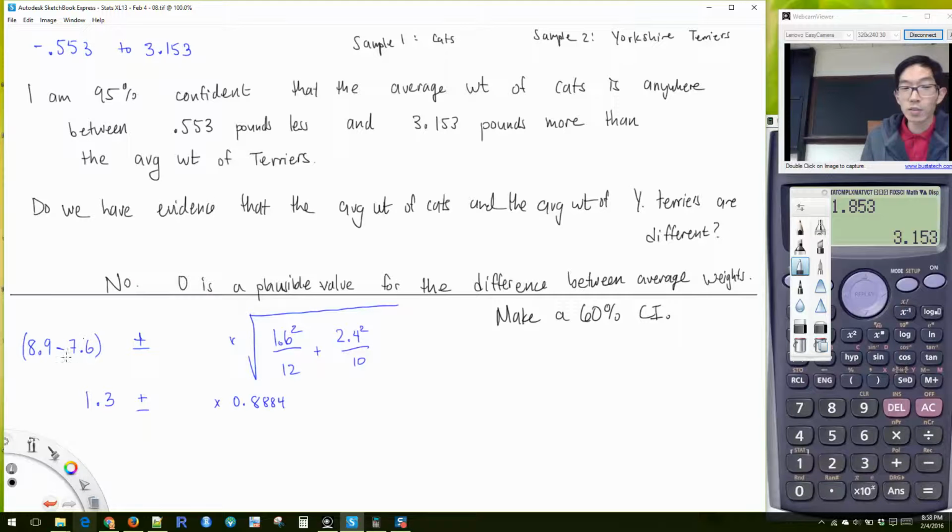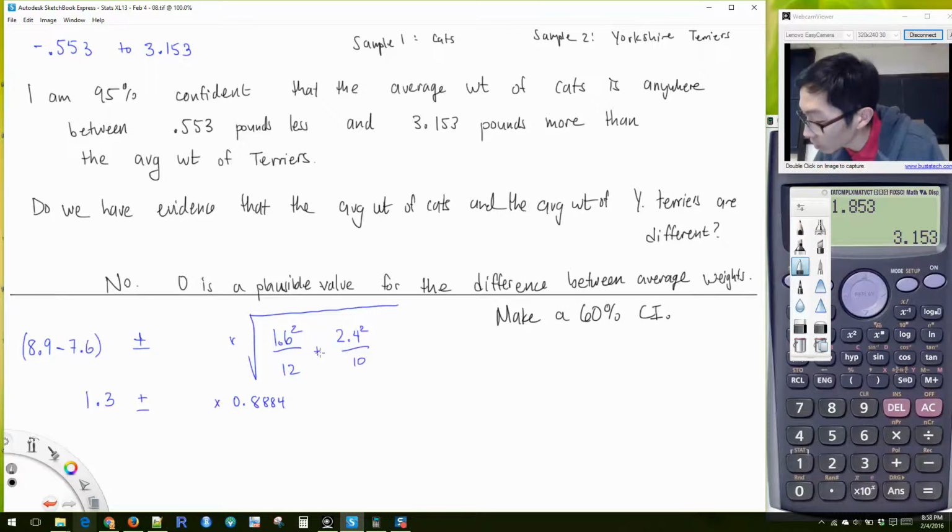This is still 8.9 minus 7.6. The standard error is still this. The only thing that changes is I'm no longer using 2.086. I'm using 0.860 as my T star. Can you guys see that?